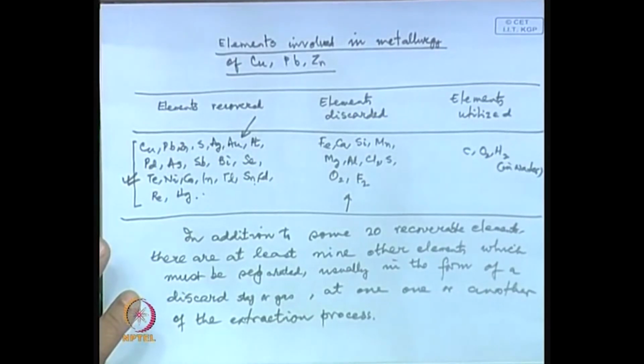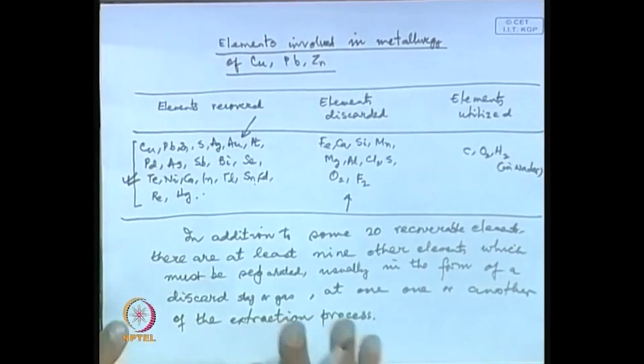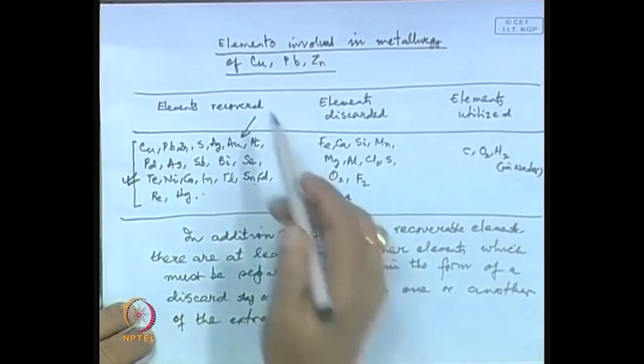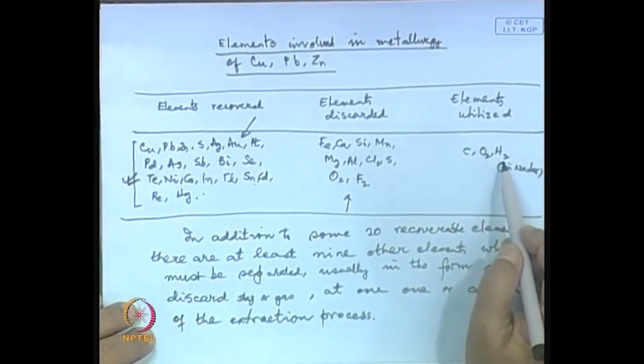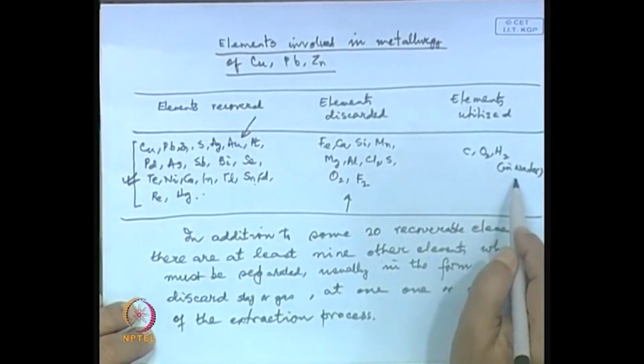And very interestingly, the elements that we are utilizing mainly in the processing of copper, lead and zinc are carbon, oxygen and hydrogen in the form of water.